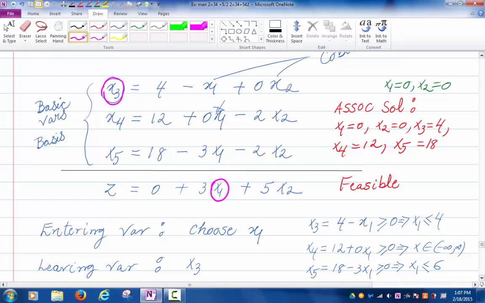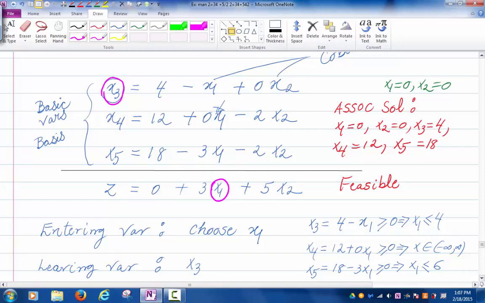Now, what you're doing is basically, once you have chosen an entering variable and a leaving variable, the column corresponding to the entering variable, I'm going to call my pivot column. Okay, so here's what I mean.